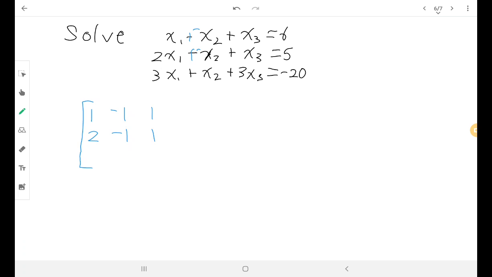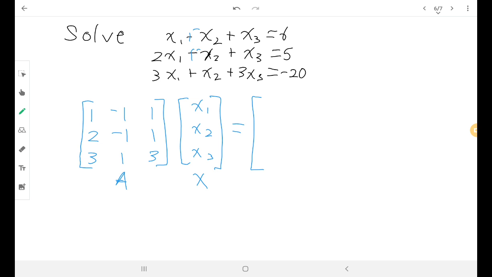And then the next row we have 3 plus 1 plus 3 times, so that's our A, times our x, which is x1, x2, x3. So there's our x matrix, and it equals our constants in one column, so 6, 5, and -20.